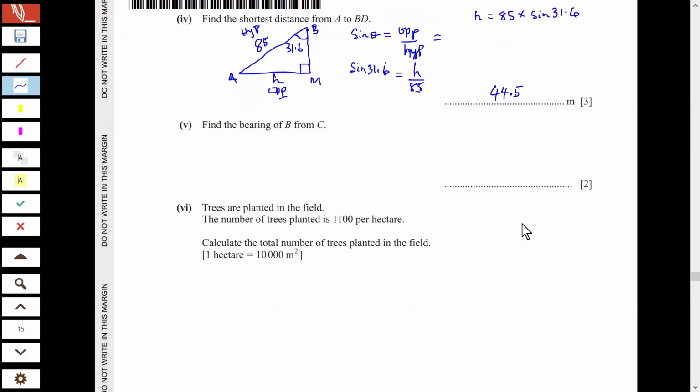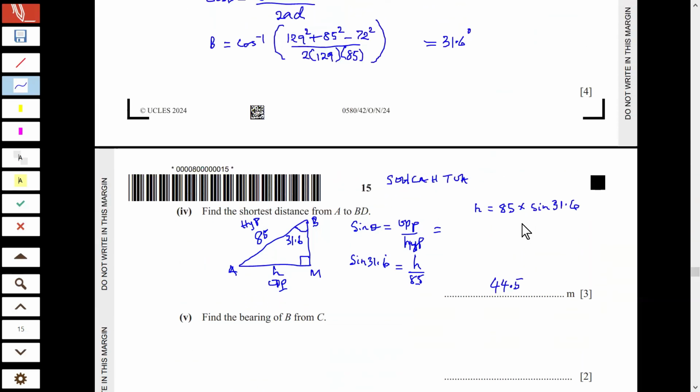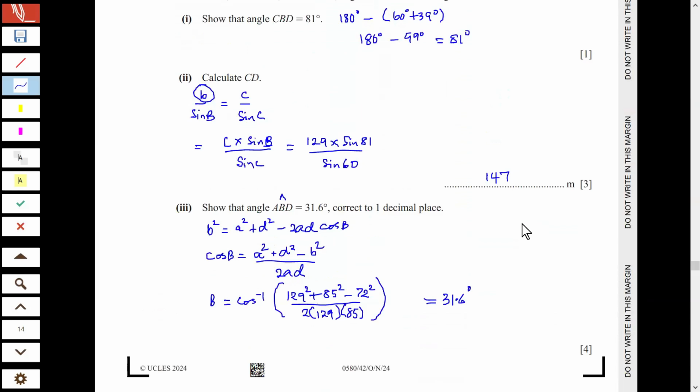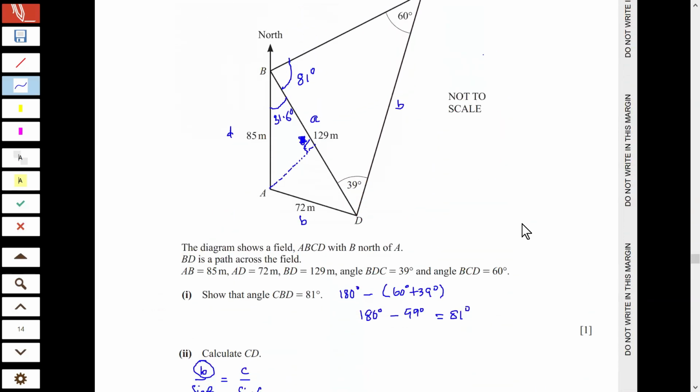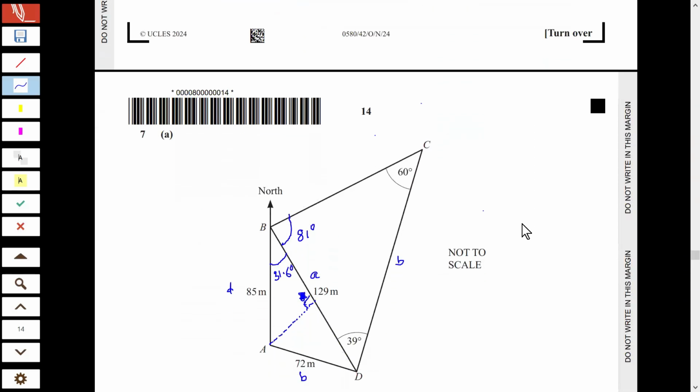Now, the next question says, find the bearing of B from C. The bearing of B from C, let's go back to the diagram. The bearing of B from C is going to be this side. First of all, draw the north.